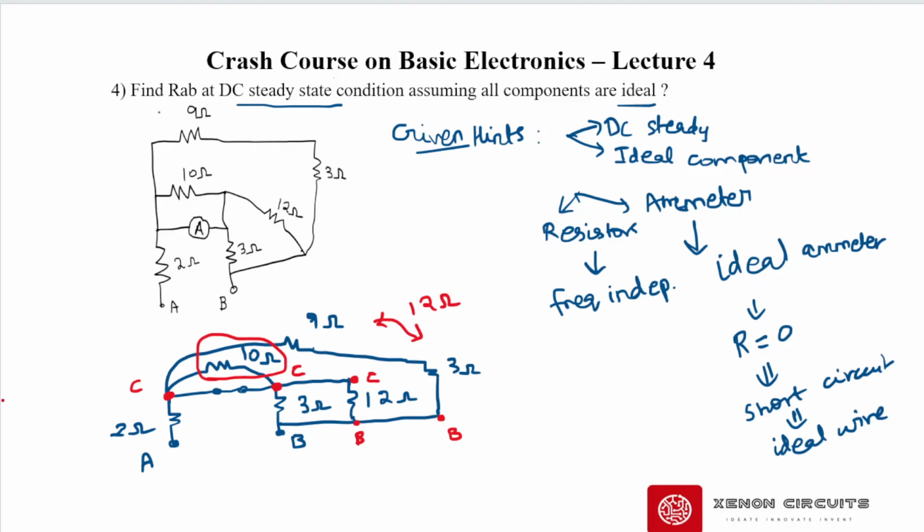So shall we redraw this circuit? If I redraw this circuit, the 2 ohm resistor is connected to the node A, and then the node C is shorted.